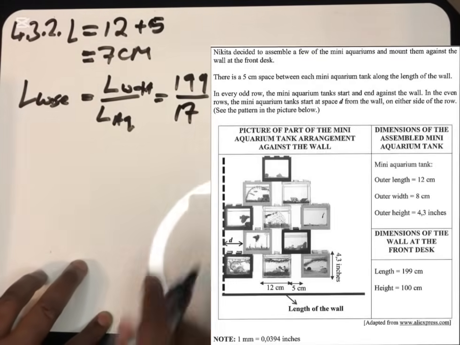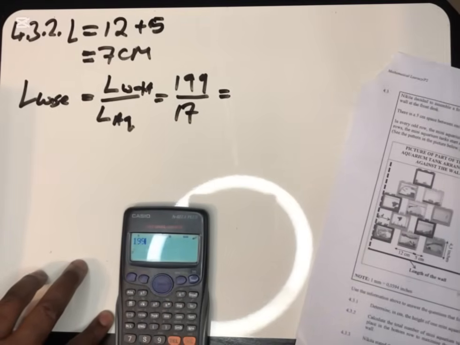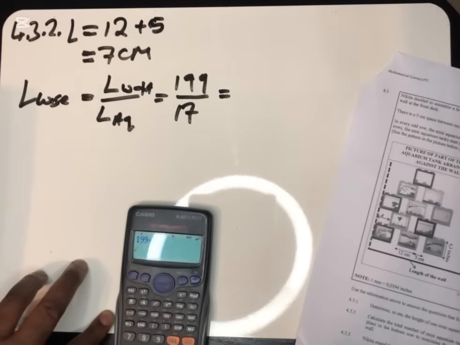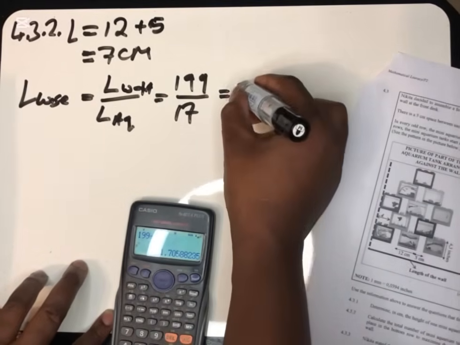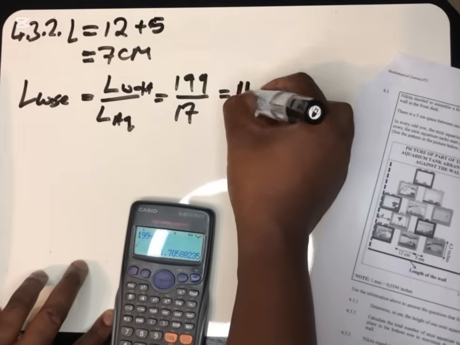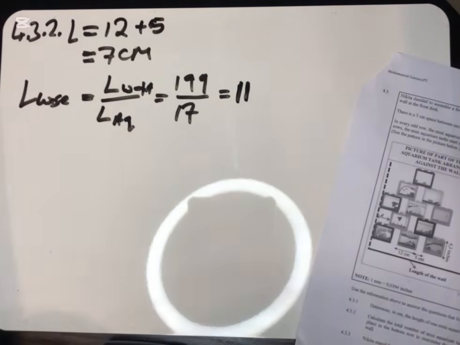So along the length, we say 199 divided by 17. In packaging, we always round down, which gives 11. 11 of them along the length. Please do not forget that.